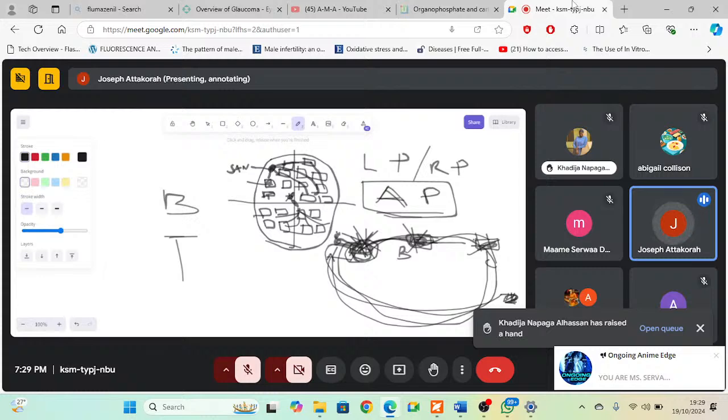So the cyclical depolarization and repolarization is termed as the action potential. Is it clear?